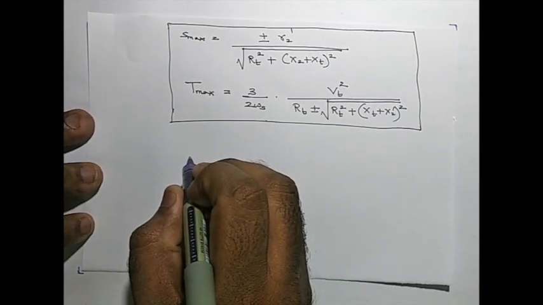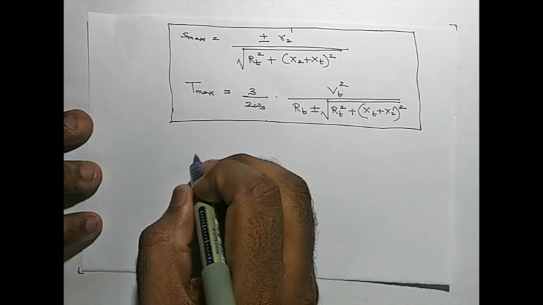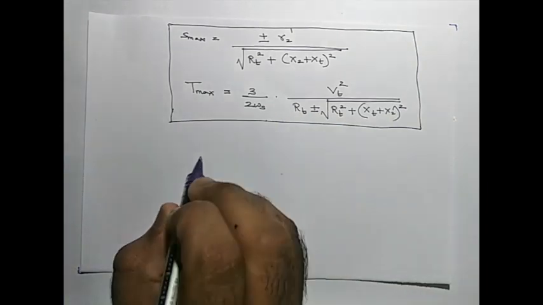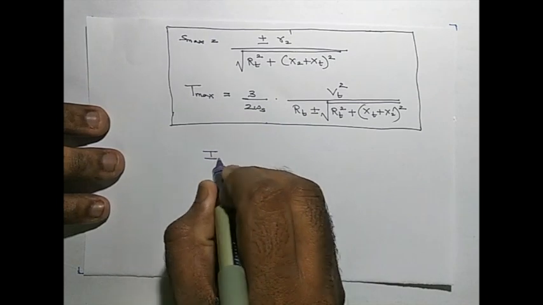Now, what is the equation of current? I am talking about the rotor current I2 dash.